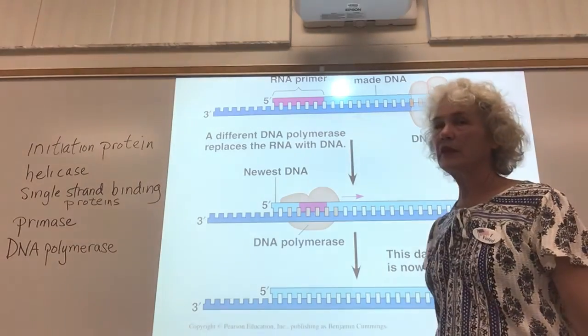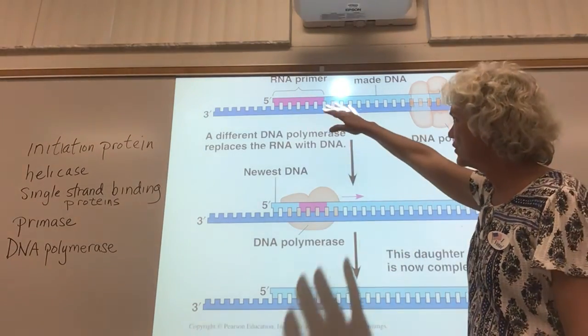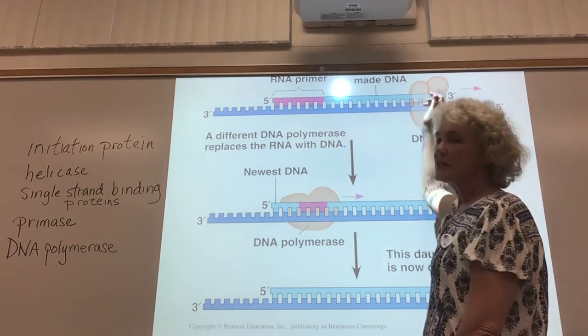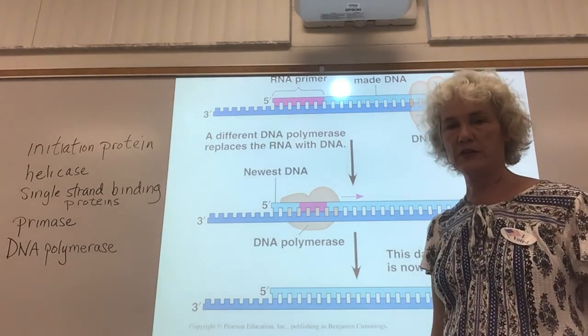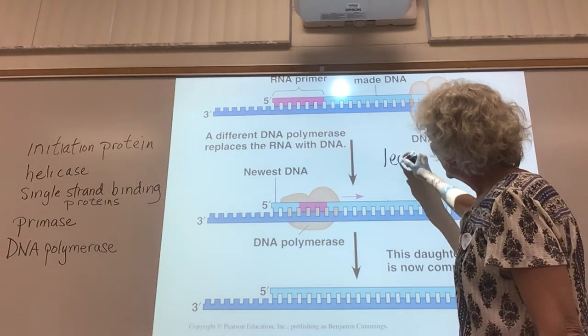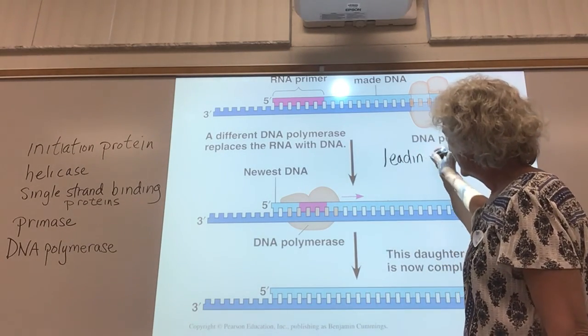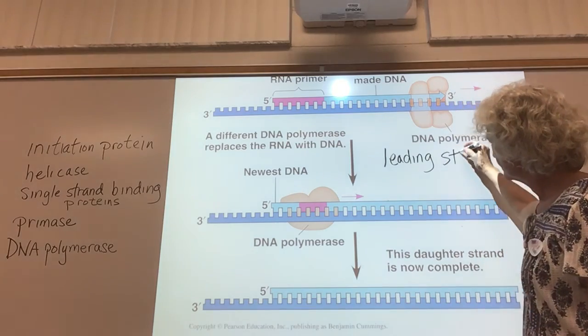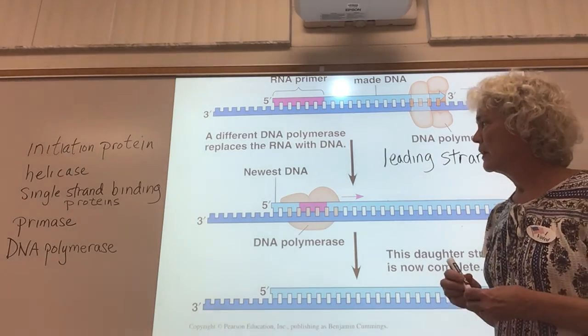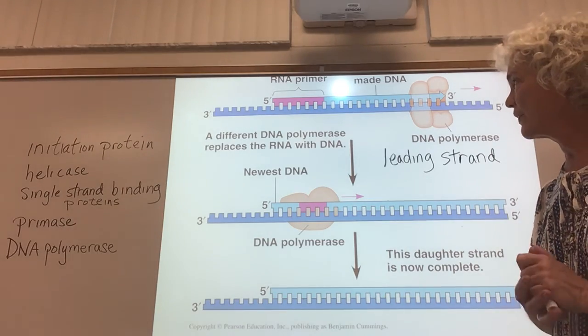Now this strand that can be copied in a continuous sweep because it's going in the 5-3 direction is called the leading strand. All right, so this is the leading strand. Okay, so that's how that's going to happen.